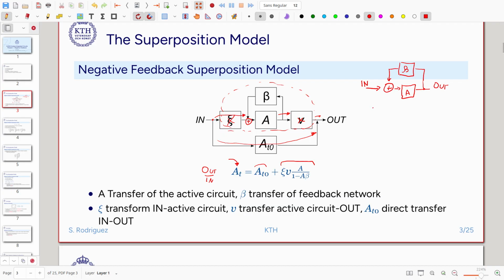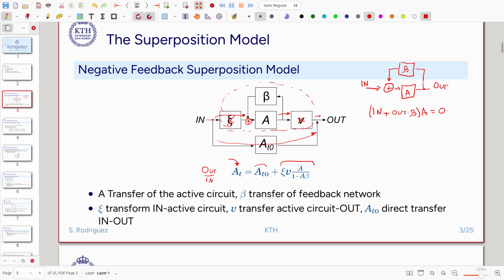So we can take the input here plus the output multiplied by beta. Okay, so we have this adder here. All this will be multiplied by the amplification A. And then that will be equal to the output.